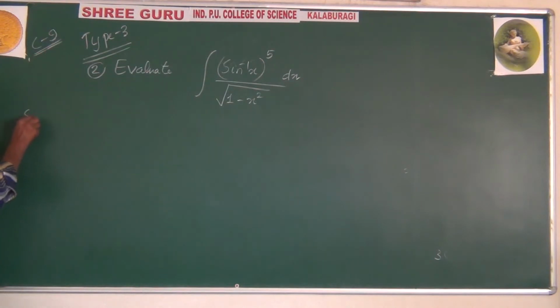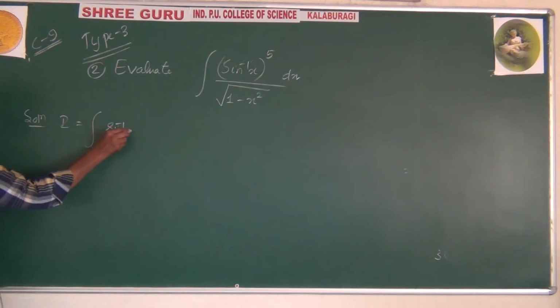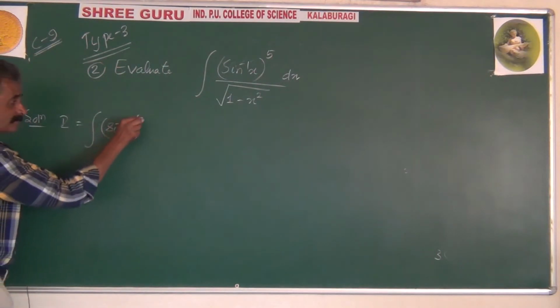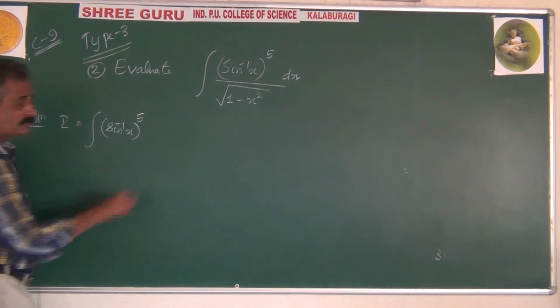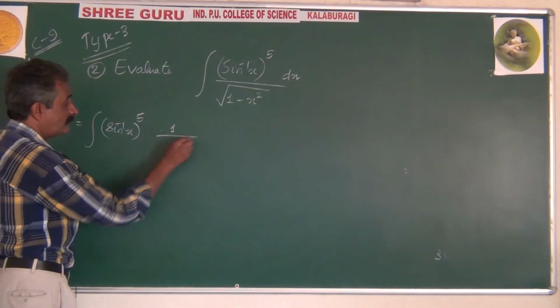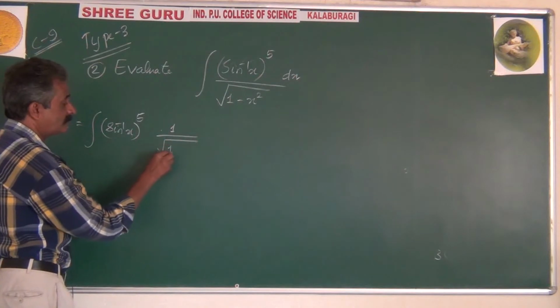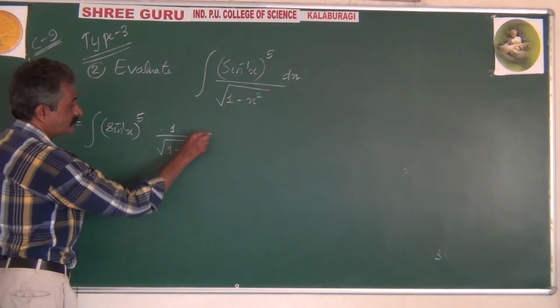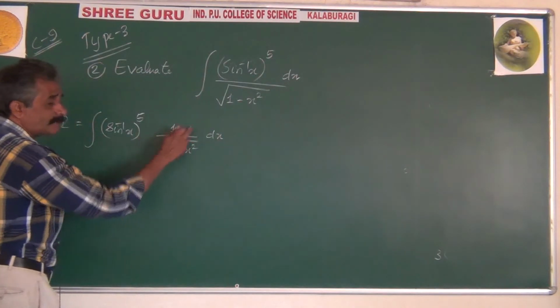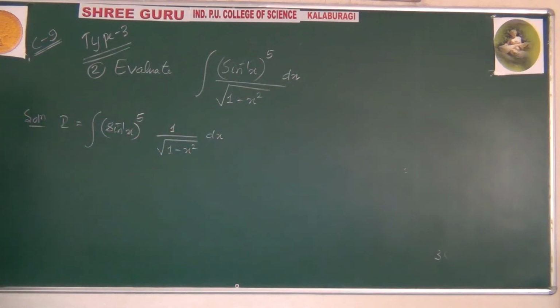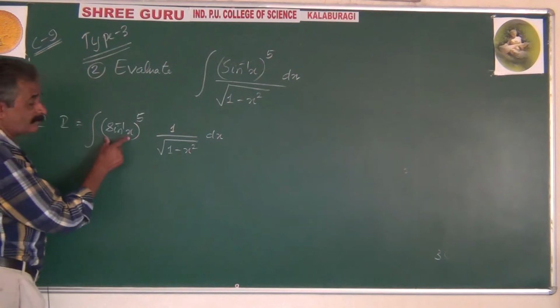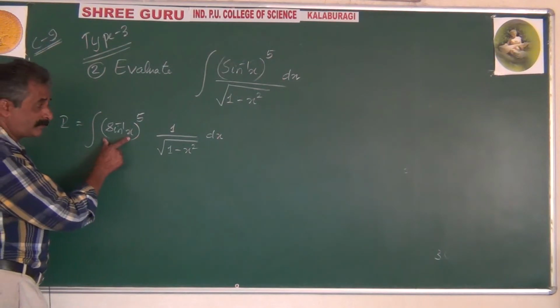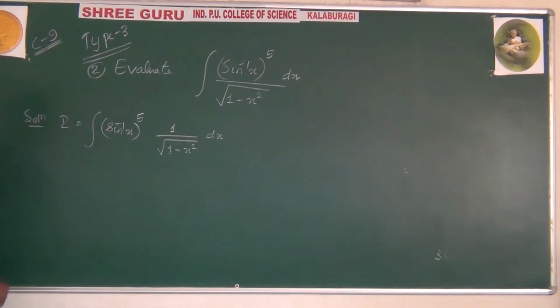Start from I. Let I equal the integration of (sin inverse x) power 5, and we shall write it preferably into 1 divided by root of 1 minus x square dx. I have separated this so that you can easily see that the derivative of sin inverse x is 1 by root of 1 minus x square.